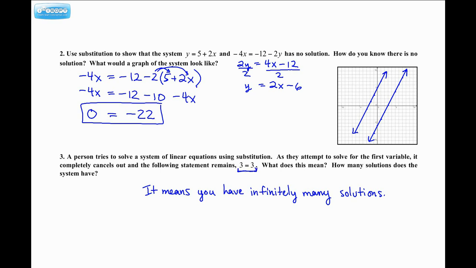Okay. So visually, question doesn't ask for that, but visually what would we see if we were to graph it? If one of the lines, say, did this, the other line would be right on top of it. I'll even give you an example.